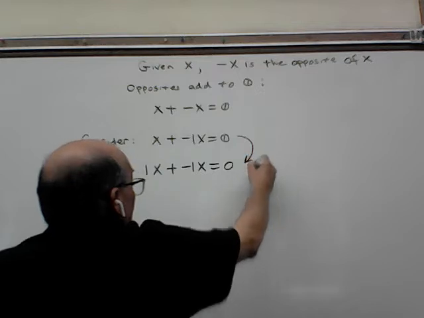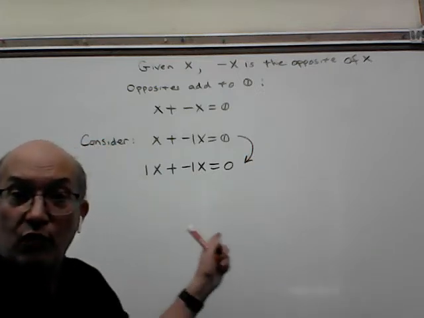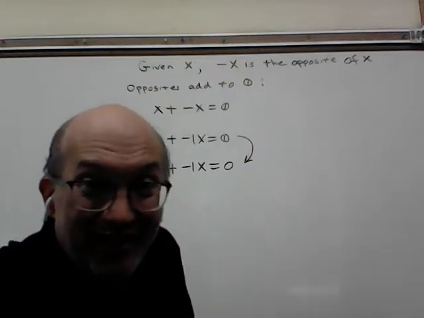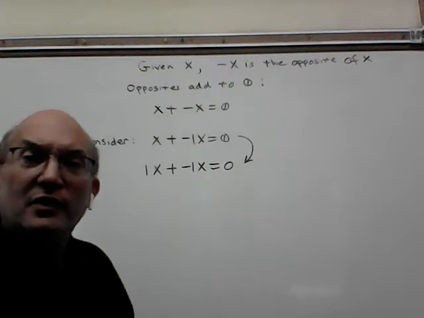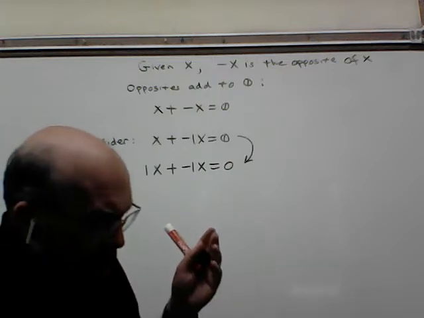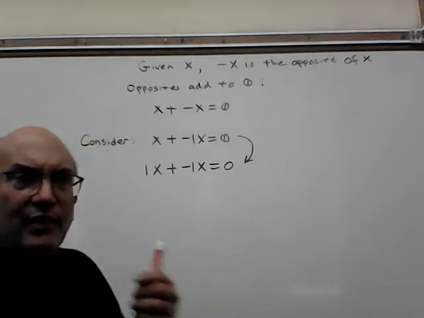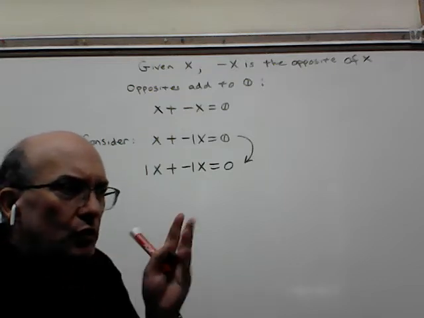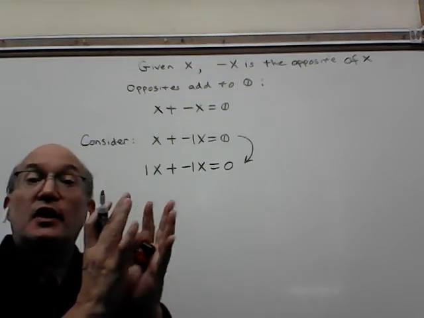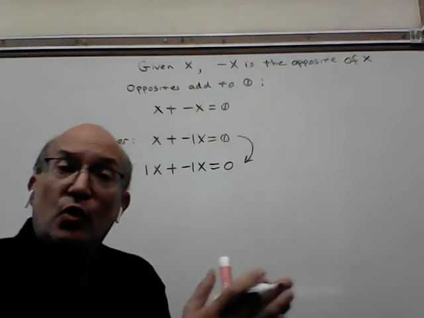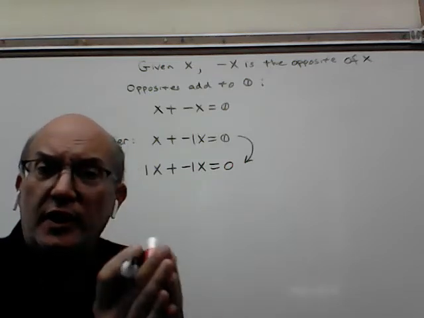Now, what have I done there? What allows me to do that? Whenever you're proving something in math, you have to use things that you've either proven before or just agreed is true.